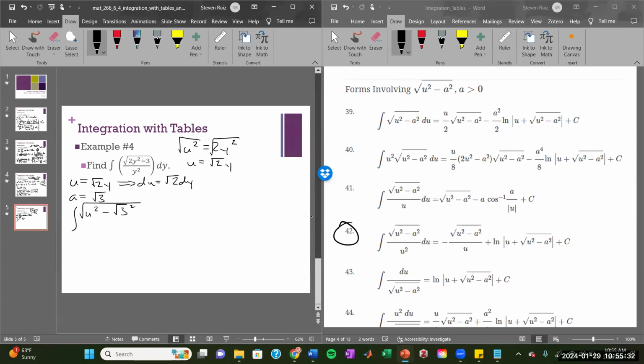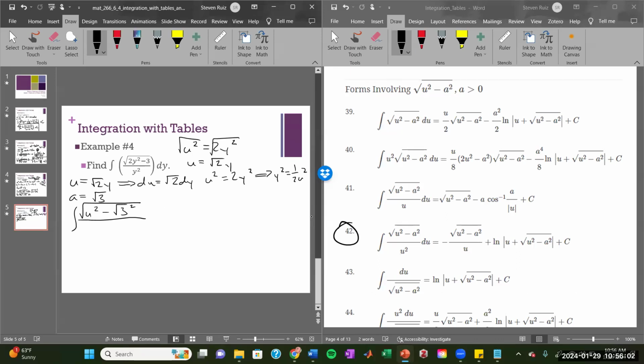all square rooted. And the denominator we're going to have to be careful with. What's the denominator going to be? 1/2 y squared. So let's work toward that. If we know that u equals radical 2y, then u squared is 2y squared, which means y squared is equal to 1/2 u squared.